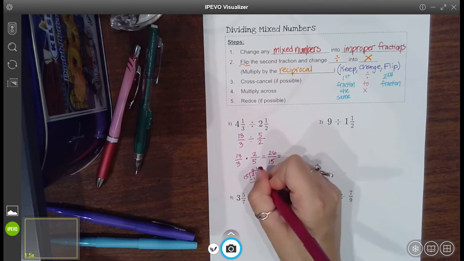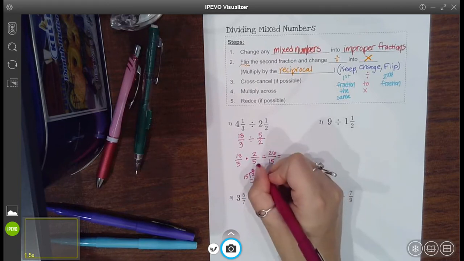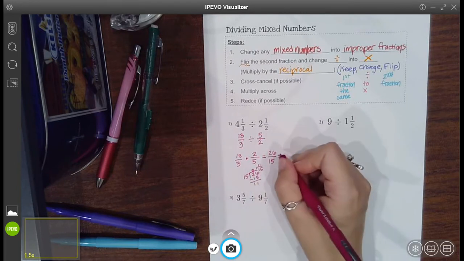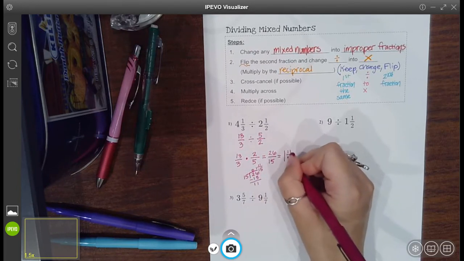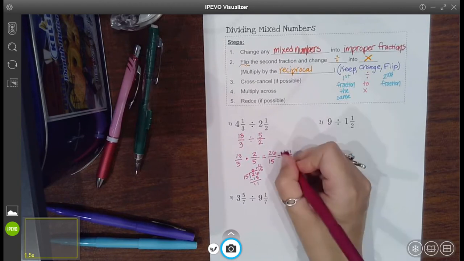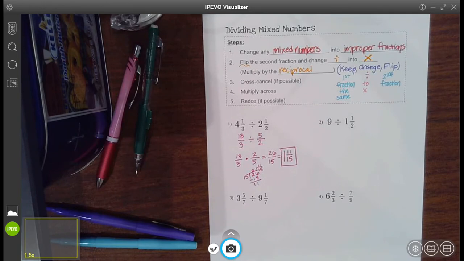When you subtract that, 6 minus 5 is 1, 2 minus 1 is 1. So you take your remainder of 11 and put it over what you divided by, 15. So 26 over 15 is the same thing as 1 and 11/15. And I can't reduce 11/15, so I'm done.